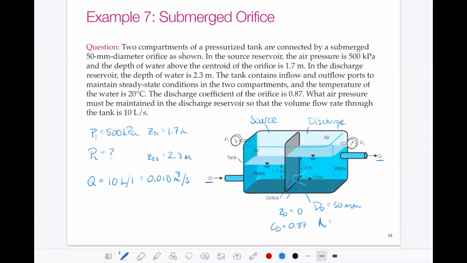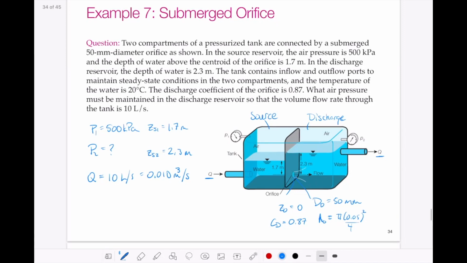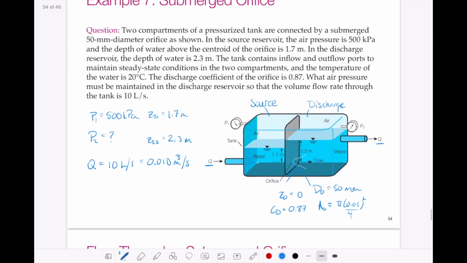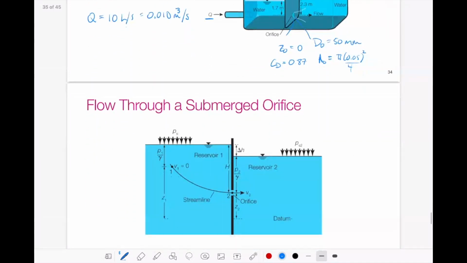The area A0 would be pi times 0.05 squared over 4. All right, so we have all the information we need. This problem is mostly difficult because it takes some effort to extract all the info. But once we have the info, all we have to do is use our equation and substitute in the right values.